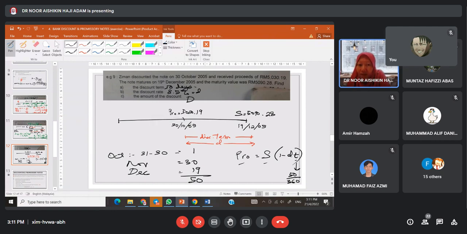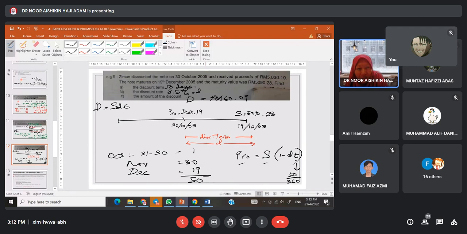Ada beza between small d and capital D. The discount amount is capital D. How do you find capital D? SDT, isn't it? Apa you dapat? RM? 9 sen. Ambil kira 9 sen. Jangan pula you buang 9 sen tu. Kena bagi your answers correct to 2 decimal places.